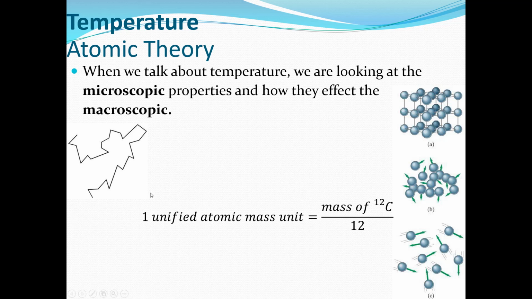The way we define the AMU is that we take the mass of a carbon-12 atom and divide it by 12. What this does is pretty much take the average of all the protons and neutrons in it. So one AMU is about 1.66 times 10 to the negative 27 kilograms. So again, it's roughly about the same mass as a proton.